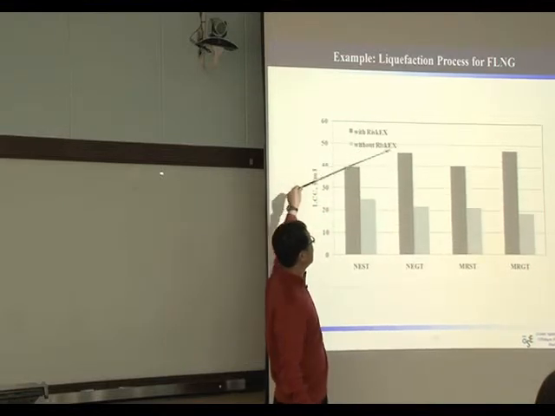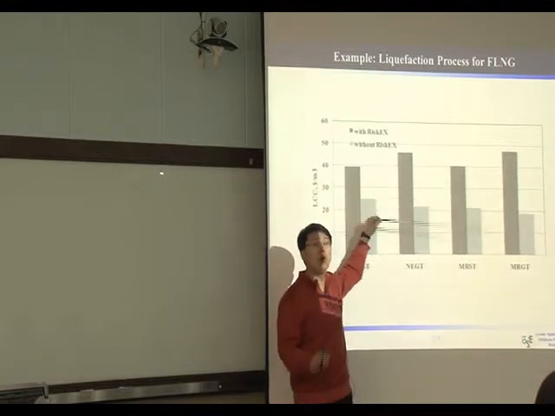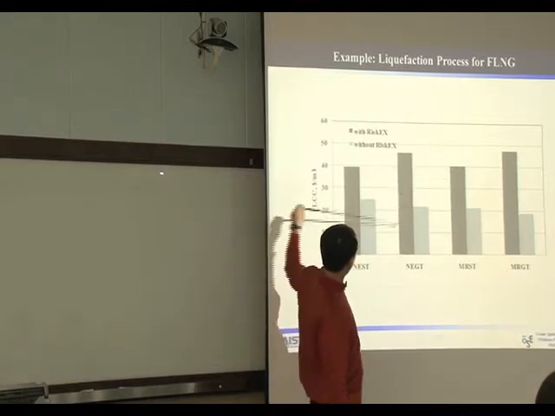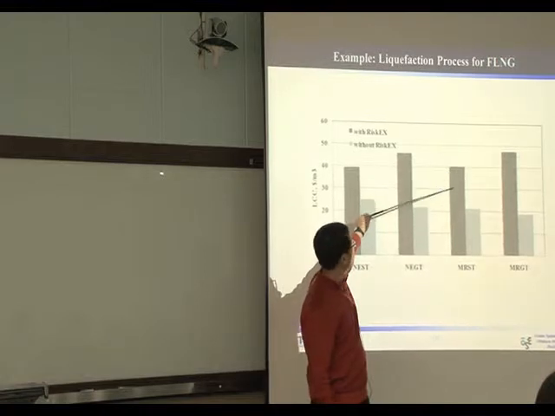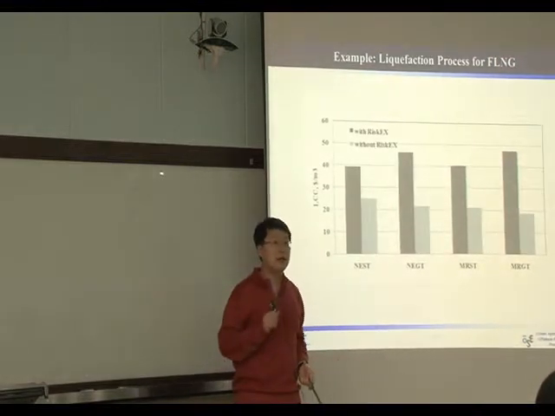The actual life cycle cost can be doubled for all the options, and the smallest are NEST and MLST. These are nearly the same, so the lowest is NEST.